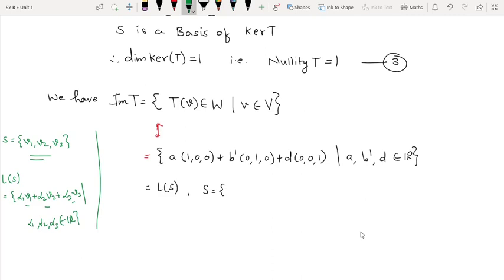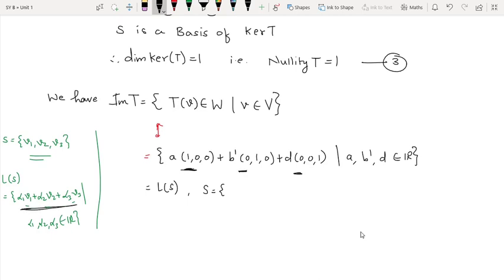So in this case what will be our vectors? (1,0,0). I hope you are getting it, because in this case the linear span of S contains how many vectors? 3, right? This set contains 3 terms, 1, 2 and 3. It is similar to this, right?